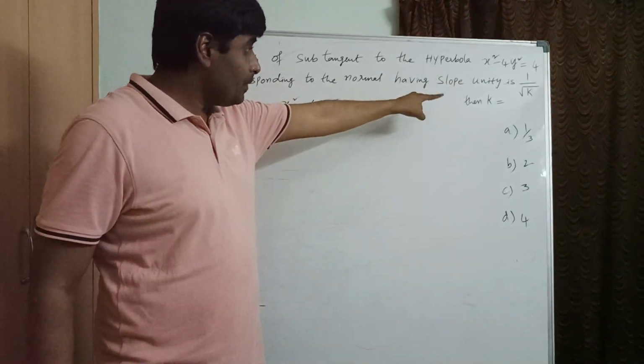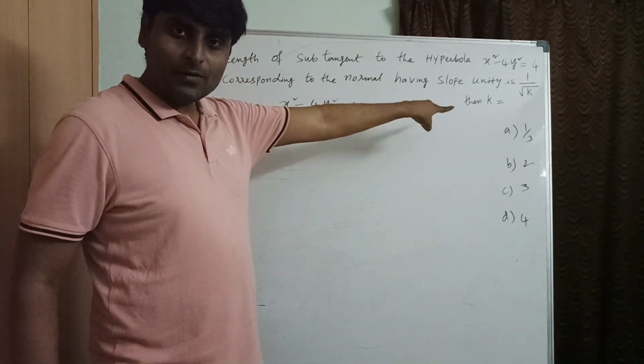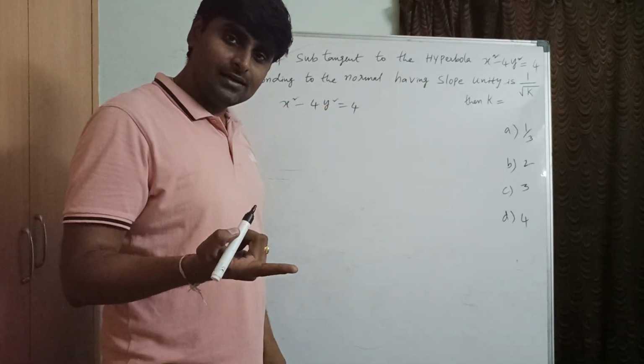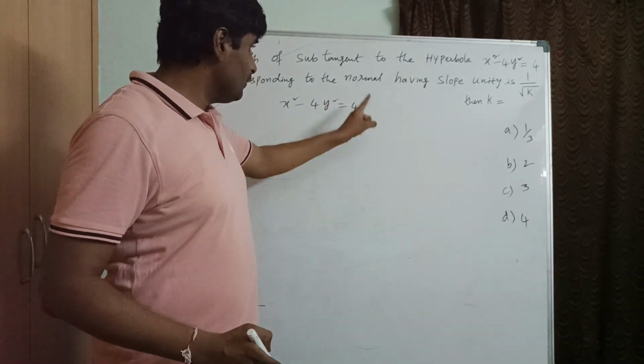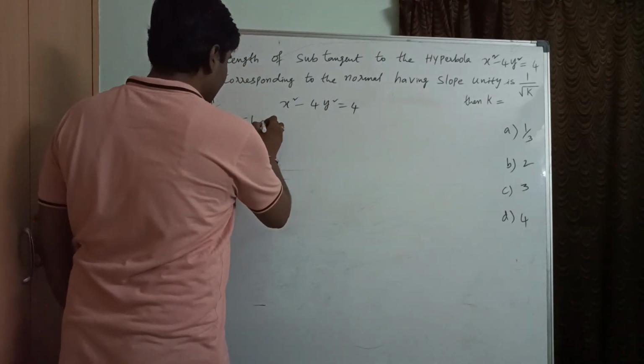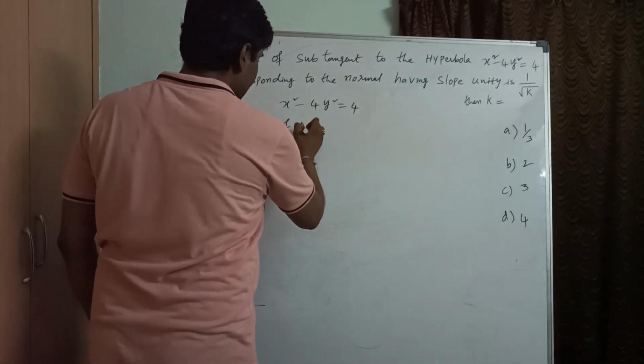What is the slope of normal here? 1. Whenever the slope of normal is 1, the slope of tangent is minus 1.